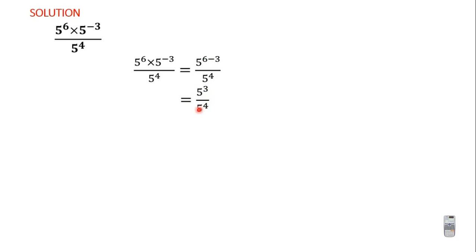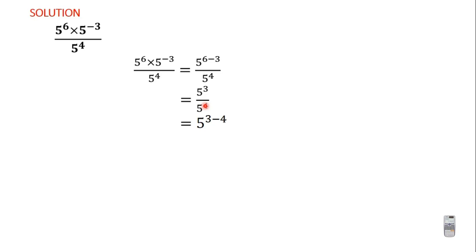So divided by 5 exponent 4. We also learned from the laws of indices that if you have two numbers in index form dividing, and these two numbers have the same base, you subtract the exponents. So 5 exponent 3 divided by 5 exponent 4, you write one of the bases, 5, then you subtract the power of the denominator from the power of the numerator.